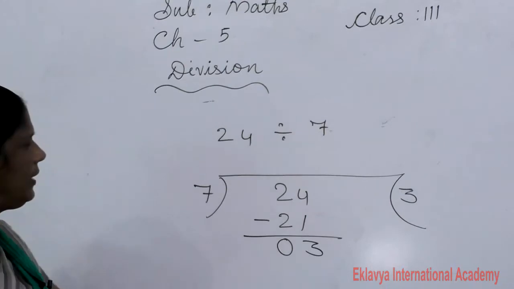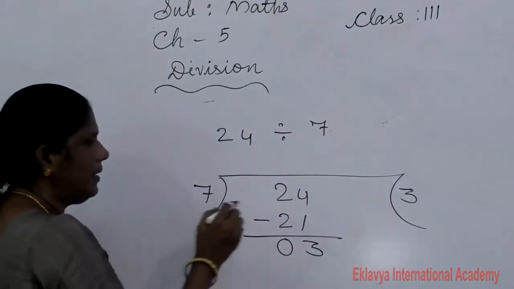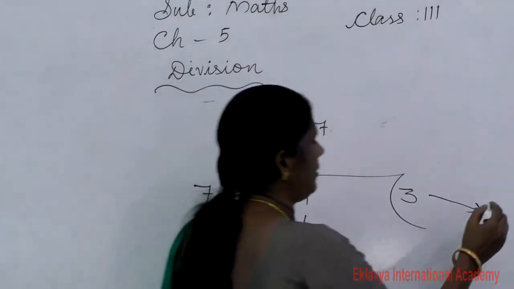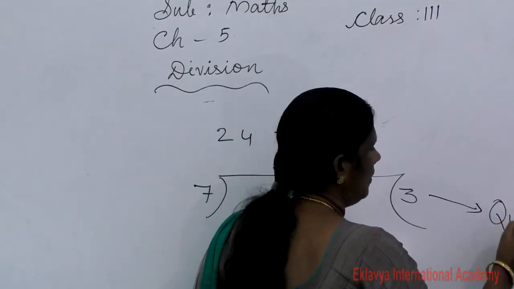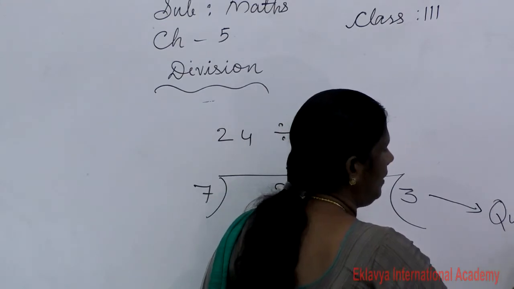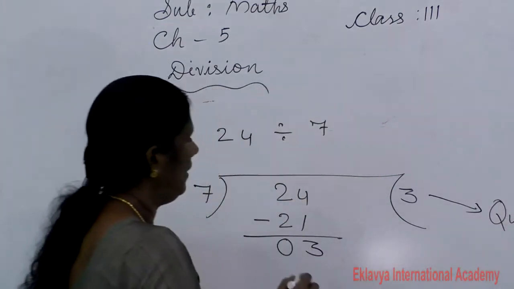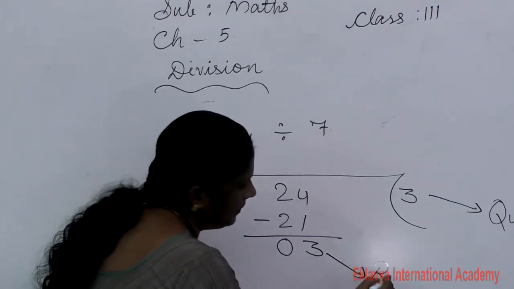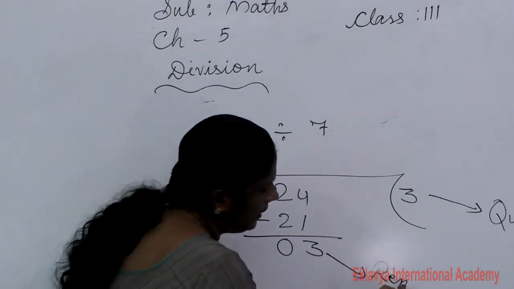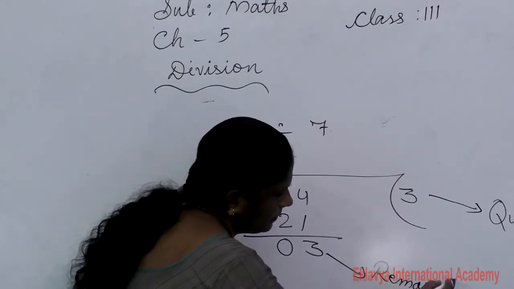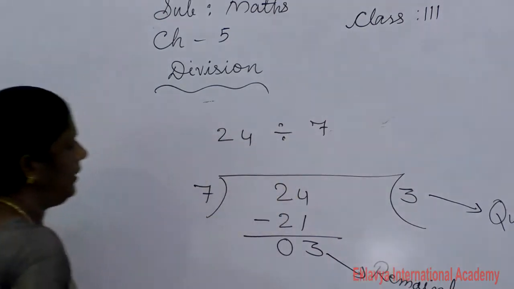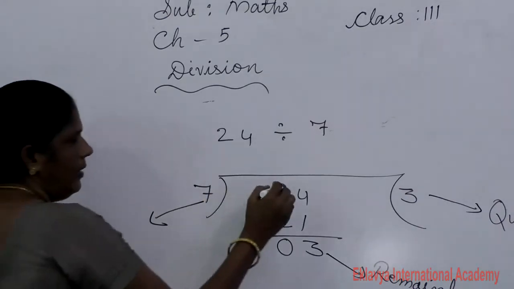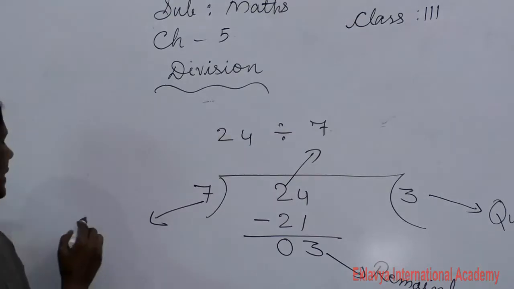Now you listen here. This answer is called quotient. This left over is the remainder. ये बाकी को क्या कहते हैं? Remainder. Then किस नंबर को अपन ने divide किया? This is divisor.